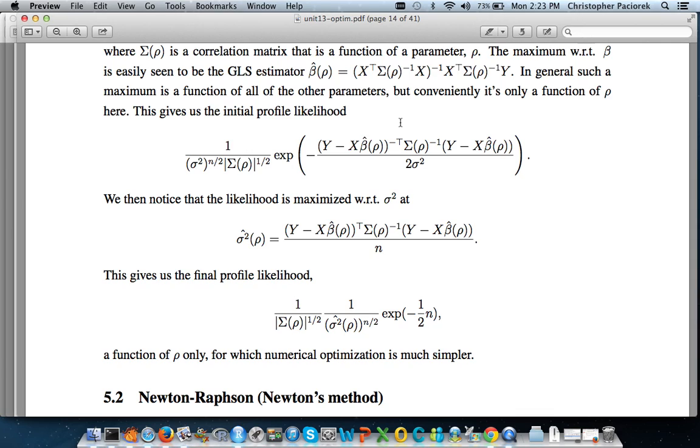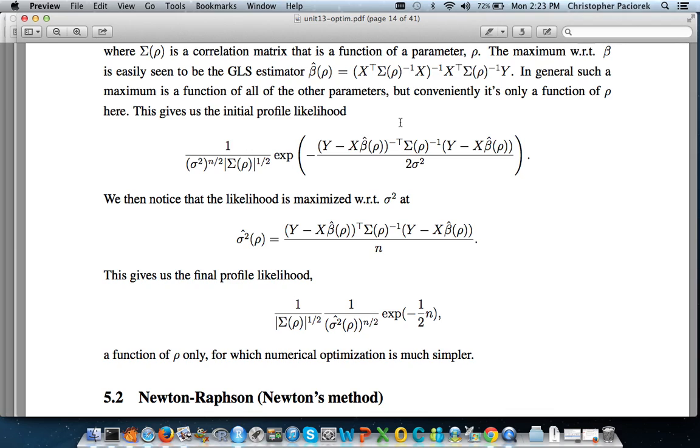In this particular problem, this is now a univariate maximization, which is really easy. It might take a while to solve, because if this is a big matrix, this is going to involve a fair amount of computation. But in terms of the optimization problem itself, it's not a hard optimization problem.